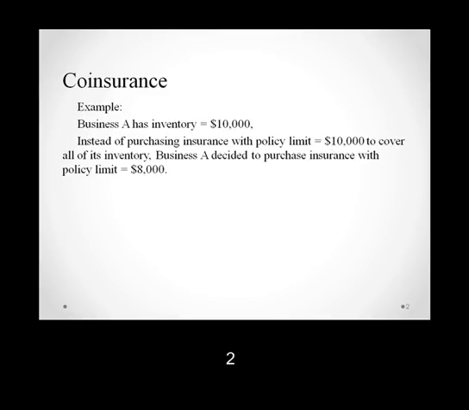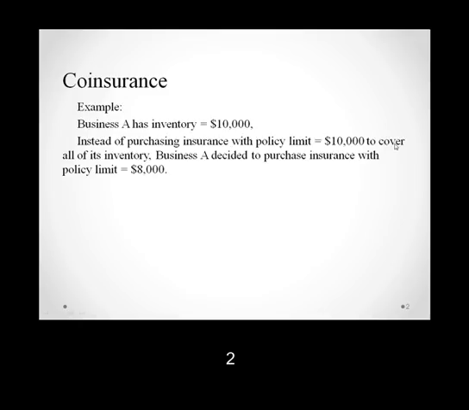Well, technically, he can, as long as he is willing to pay extra premium, because we all know that with a higher policy limit, the premium will go up together. However, if there is a loss and the insurance company discovers that business A only has inventory of $10,000, the policy limit will go back down to $10,000.